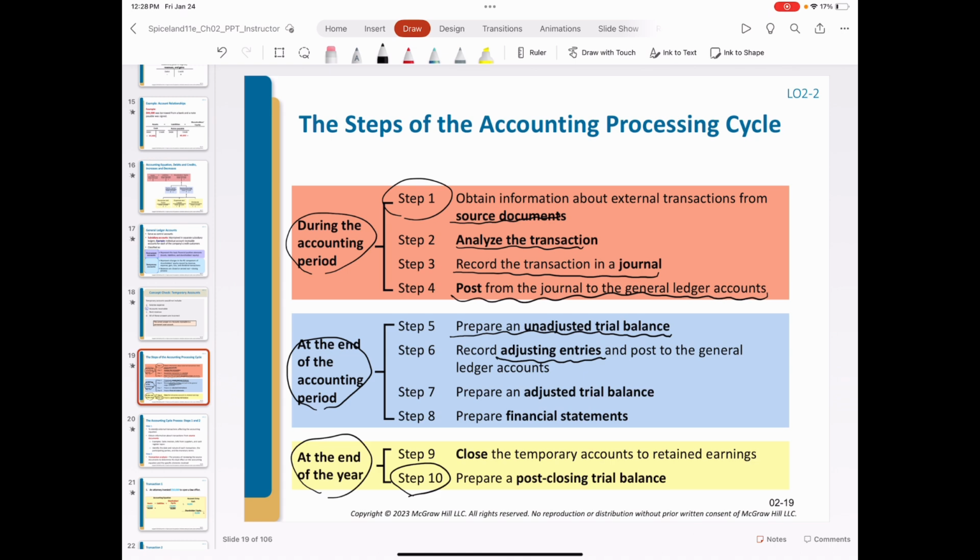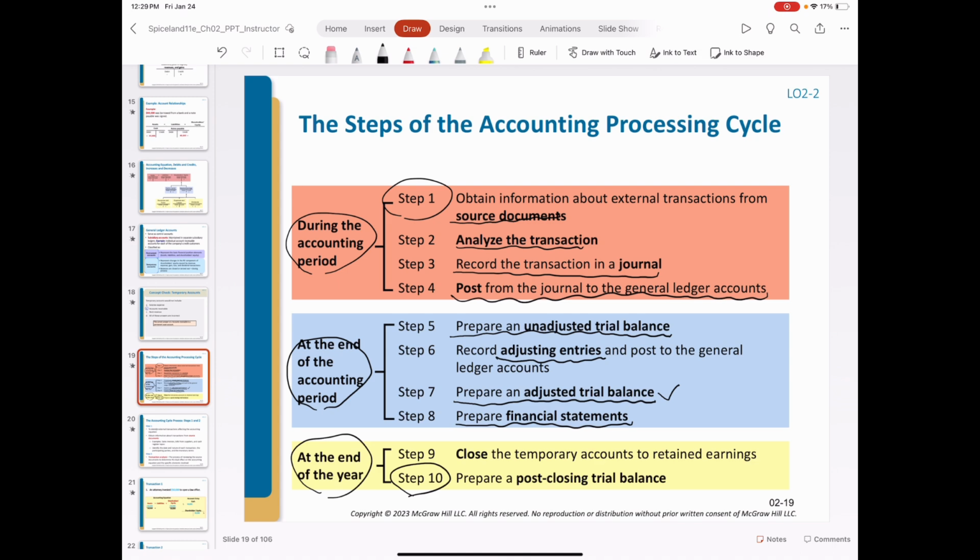Again, we can prepare the second trial balance, the adjusted trial balance, because it is after the step 6 adjustments. This trial balance is very important because it is used to prepare financial statements.